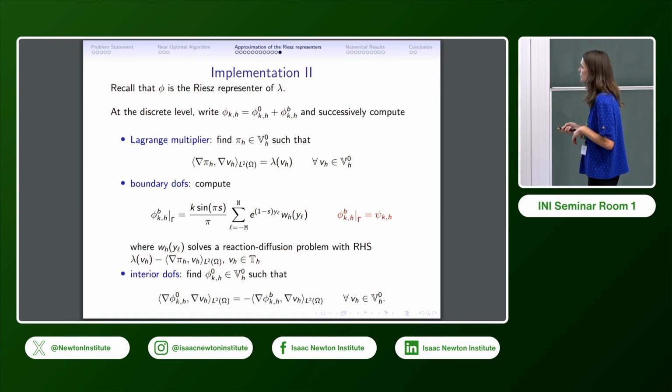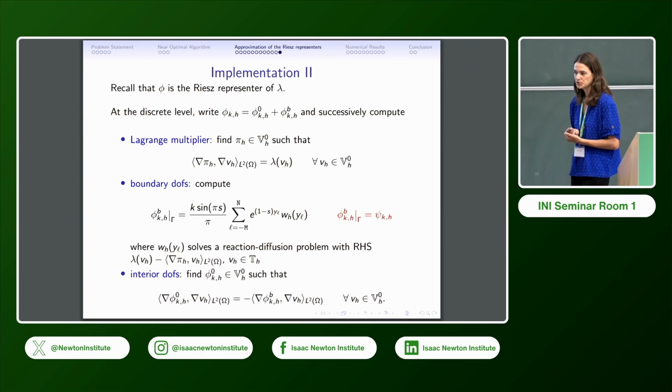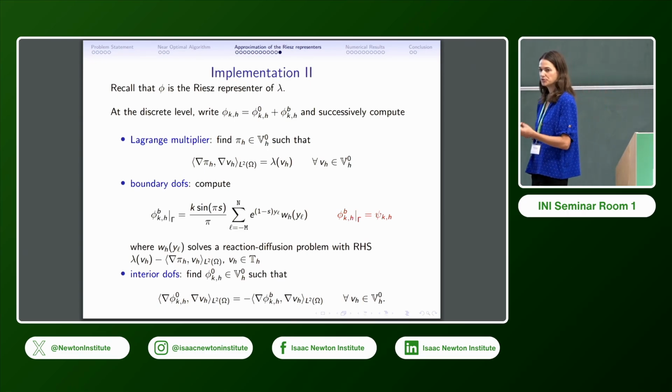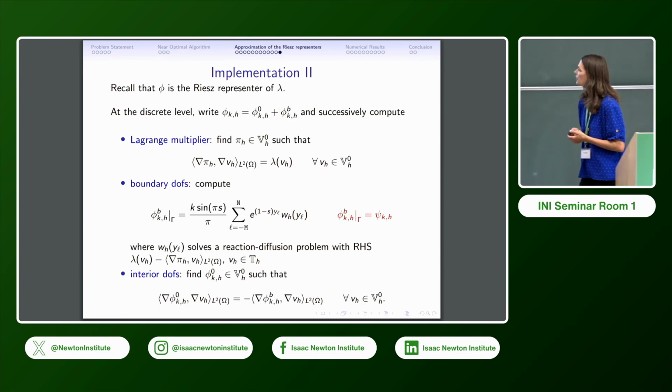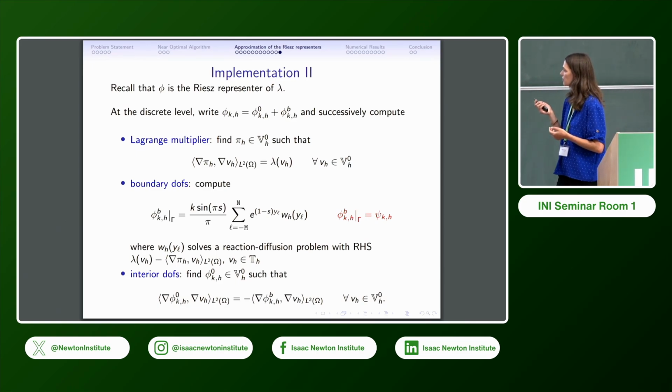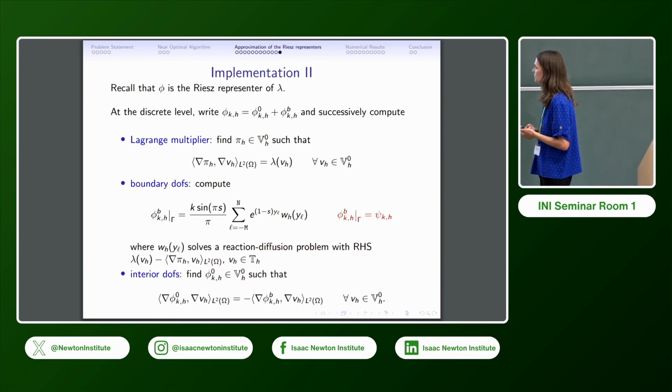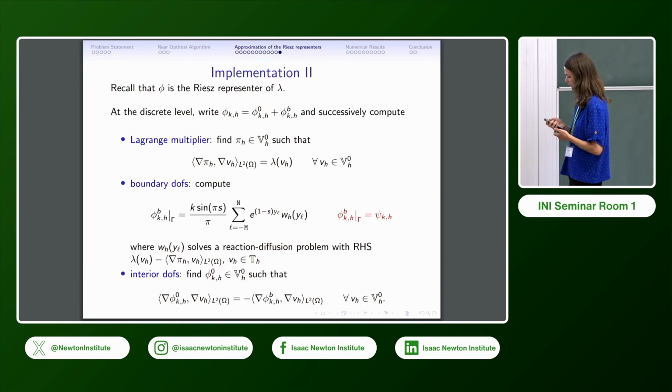And then finally, we solve again a standard Poisson problem to get the interior degrees of freedom. Okay, so that's basically the same problem as we saw earlier today. Here, the goal was to get a practical algorithm for the case where we have a fractional Sobolev space, so the s was fractional.